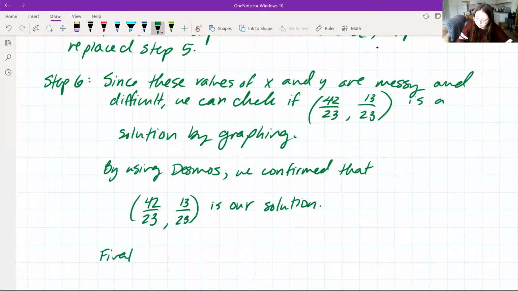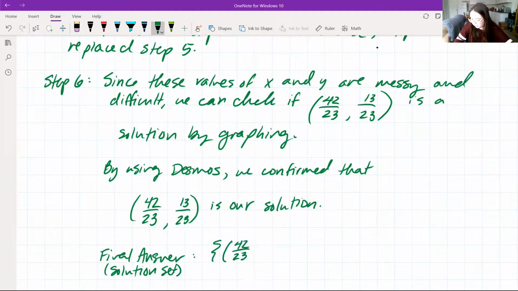So our final answer here, which is our solution set, is just our ordered pair in curly braces. So 42 over 23 and 13 over 23 in our curly braces.